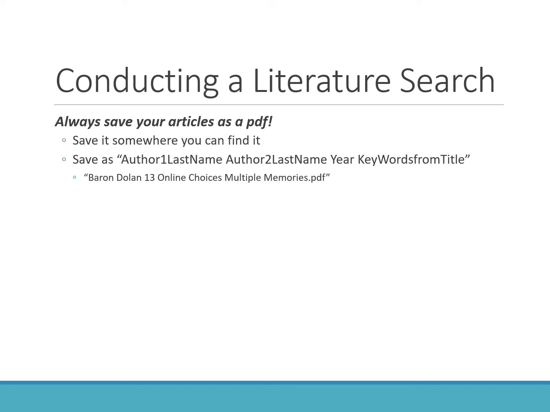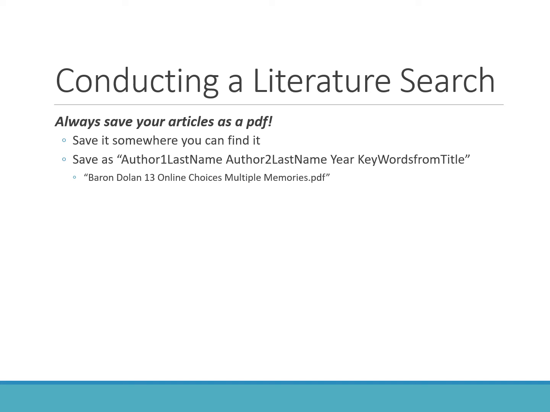Now, what I recommend is that you save it as something that you will be able to identify. A lot of students save it as Article 1, Article 2. This gets confusing when you have 15 articles. So instead, save it with some keywords, and better yet, save it with the authors and some keywords. So I recommend using this format.